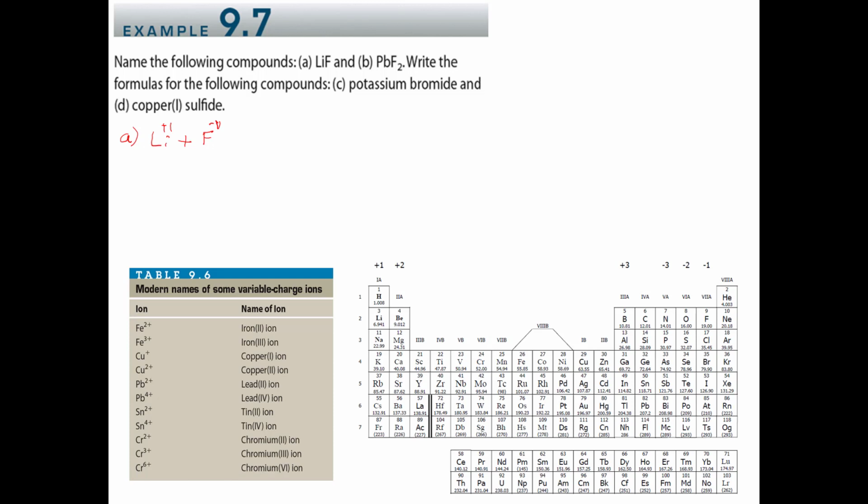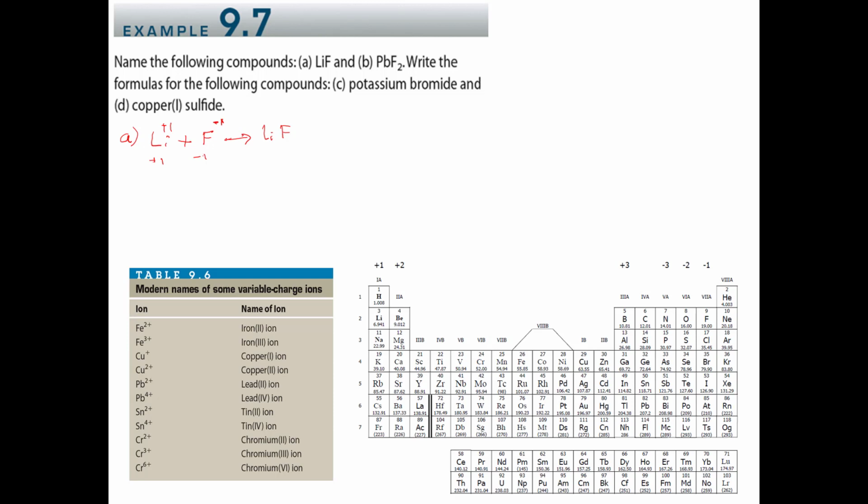Now we can see in the metal side, the positive ion, we have +1, and finally we have -1. This is a neutral compound, so we don't need to do anything, we just need to write the final formula, which we know is this one.